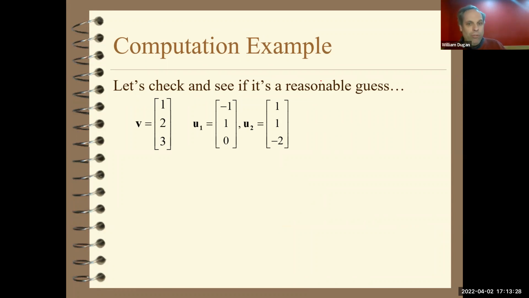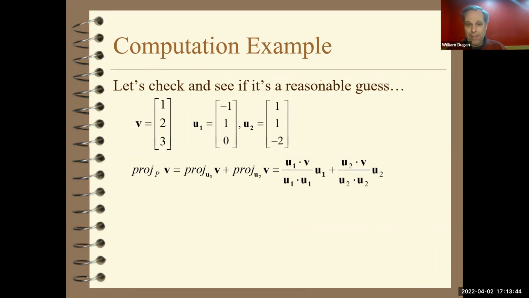Let's say the vector is 1, 2, 3. The two vectors that are going to be making my plane are U1 and U2, as you see here on the screen. And I want to find the projection of the vector V upon the plane that is spanned by U1 and U2. So to do that, it's just projecting V upon U1, projecting V upon U2, and then adding those projections.